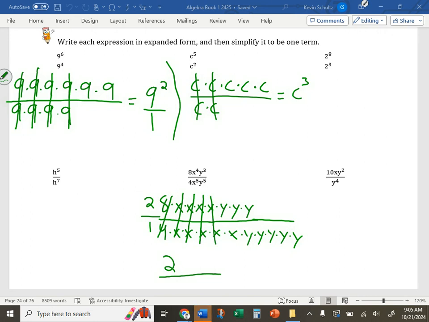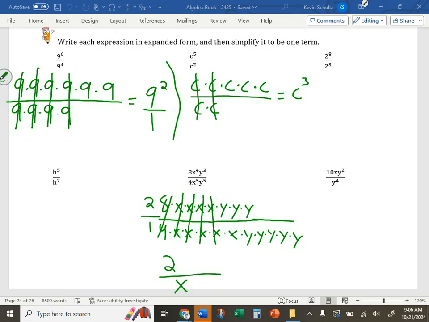How many x's do I have left and where are they? 1x in the denominator. If I look at my original expression, I have 1 more in the denominator to start with. That's how I know it's going to end up there. 5 minus 4 equals 1. Wherever you have more to start with, that's where it's going to be in the end.